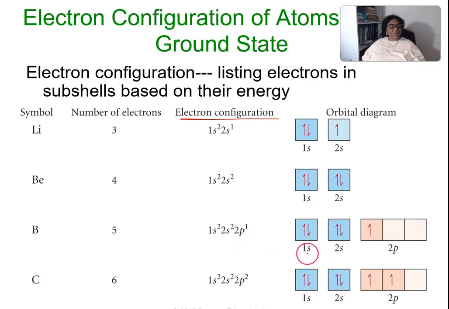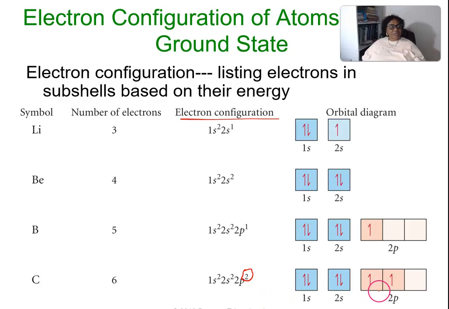So look at this orbital diagram. You see the 2p has 1 electron. Then carbon has 6 electrons, 1s2, 2s2, 2p2. But look at this orbital diagram. The electron configuration will not show you how these electrons are arranged. That's why we need the orbital diagram.